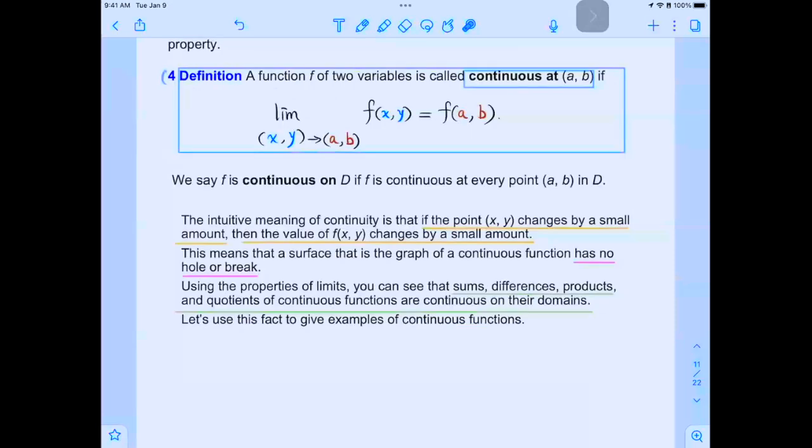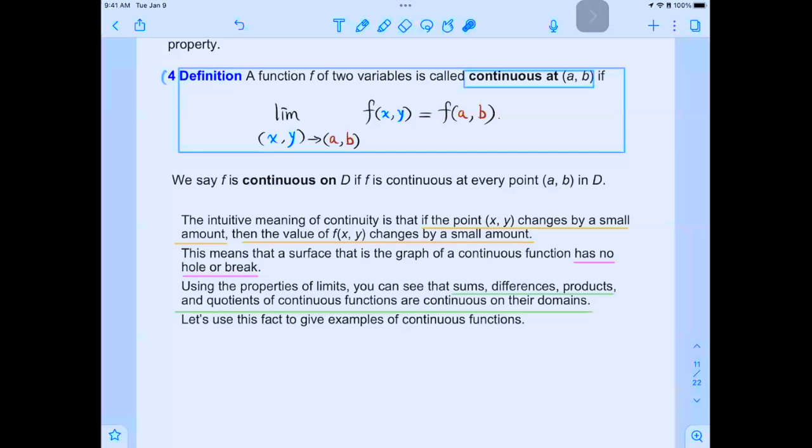What's the intuitive meaning of continuity? It means that if x comma y changes a small amount, then the function value changes by a small amount. In this case, if x changes a small amount, then the y value changes a small amount. Similarly for this one right here.